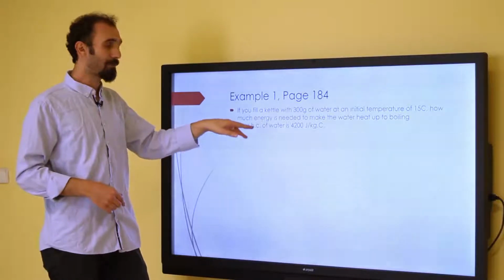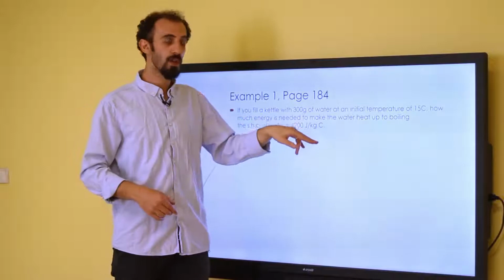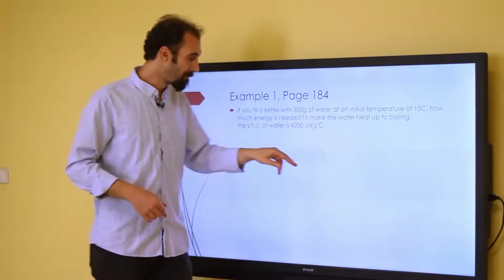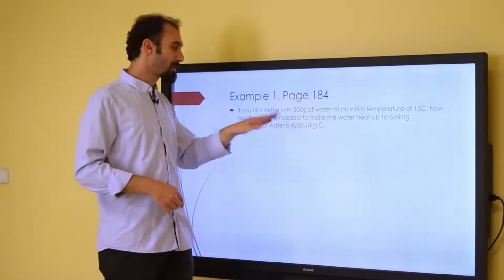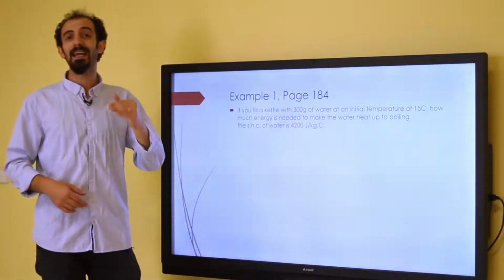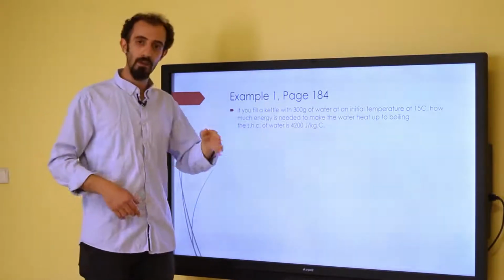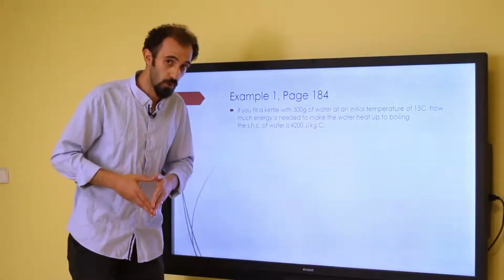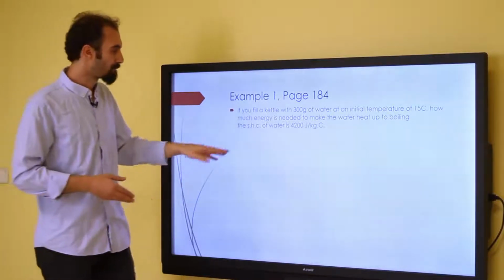The specific heat capacity, or SHC, of water is 4,200 joules per kilogram per Celsius. I'll say it again, the specific heat capacity of a substance is a constant number that does not change. So for water, it's 4,200 joules per kilogram per Celsius, and it remains that way.